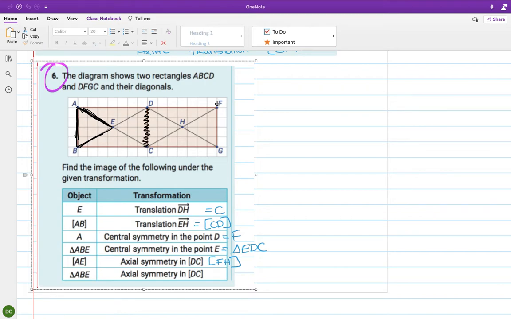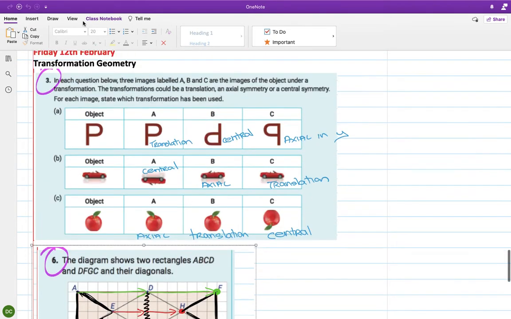A needs to go to the mirror and the same distance the other side, so it'll end up here at F. E needs to go to the mirror and the same distance the other side, so it'll end up at H. And B will need to go to the mirror and the same distance the other side, so it'll end up at G. So there is where the triangle ends up. That is triangle GFH. Okay, so that's that.